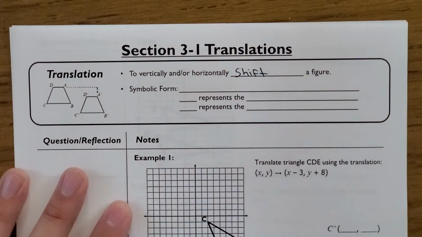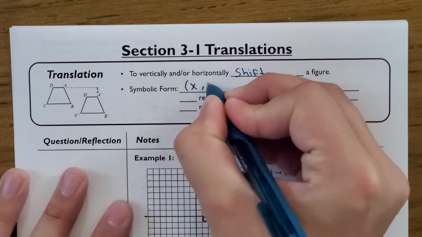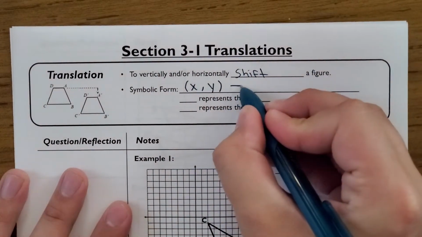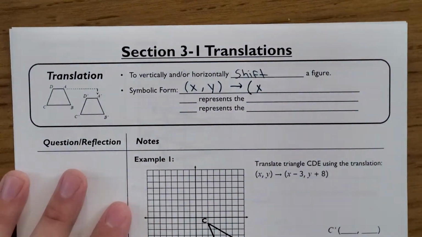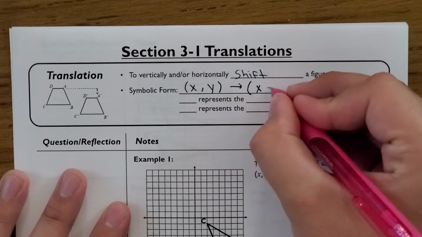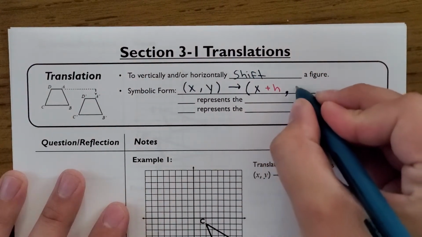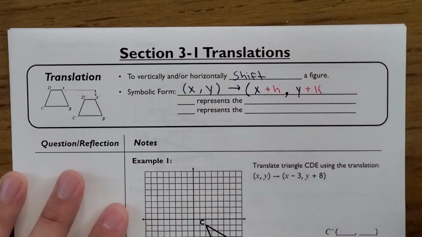So we represent it symbolically using coordinates. So if I start out with a coordinate x, y, and I transform that coordinate by a translation, well then I'm going to end up with x plus h, y plus k.